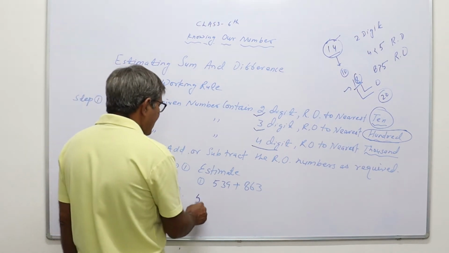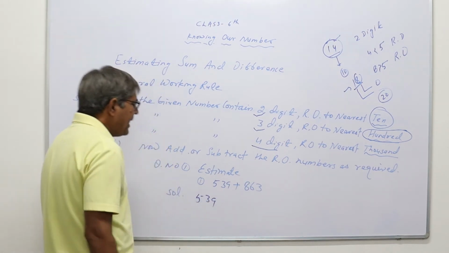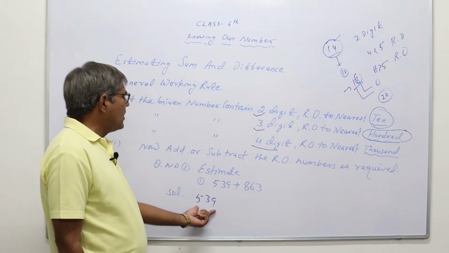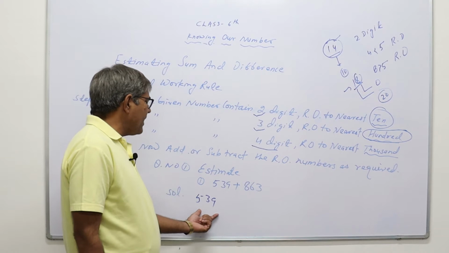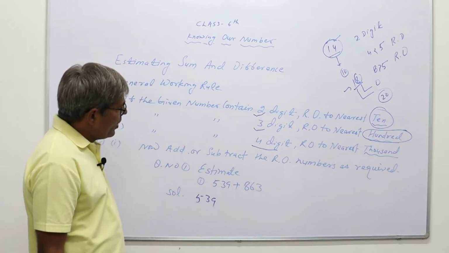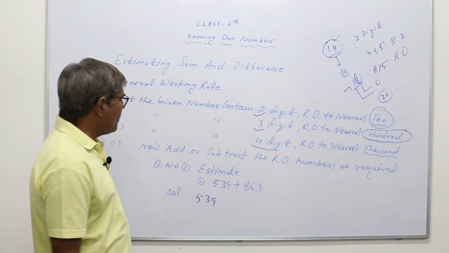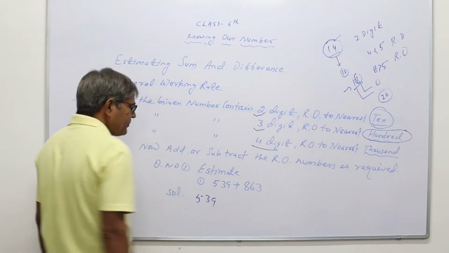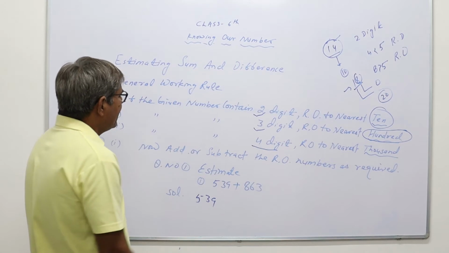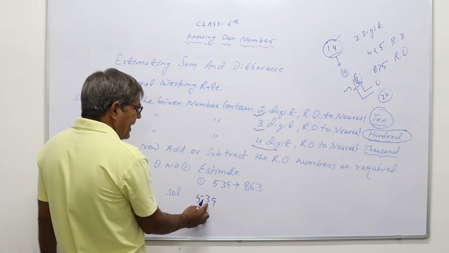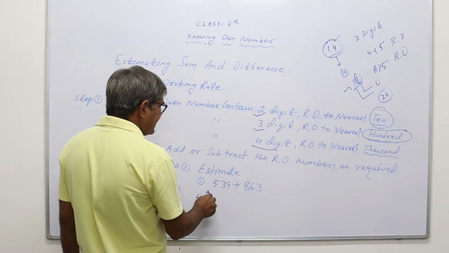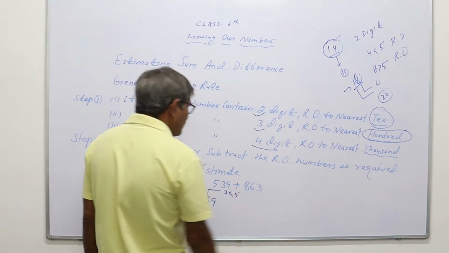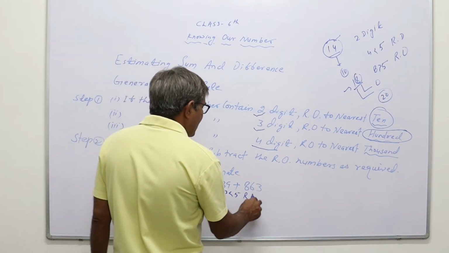So the first number is 539 and this number contains 3 digits. So we will round off this number to the nearest 100, and to round off any given number to the nearest 100, first of all, we will see the digit at tens place, and the tens place digit is 3. So 3 is less than 5. So we will round down.